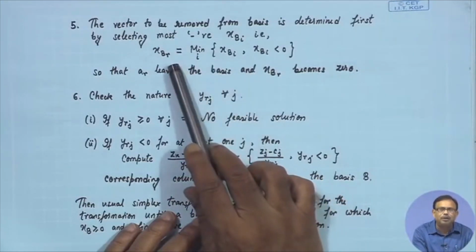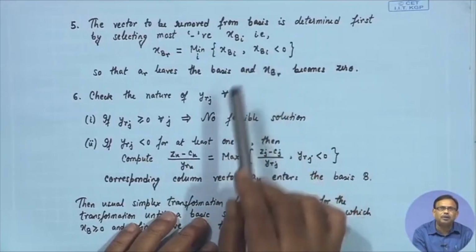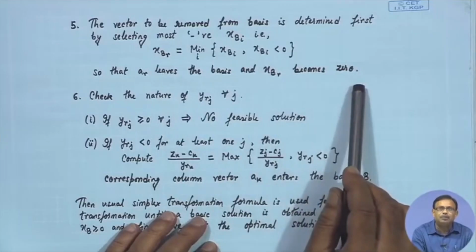If the rth vector is going out, which I am denoting as xBr, the minimum of xBi where xBi is less than 0, then ar will leave the basis and xBr becomes 0.